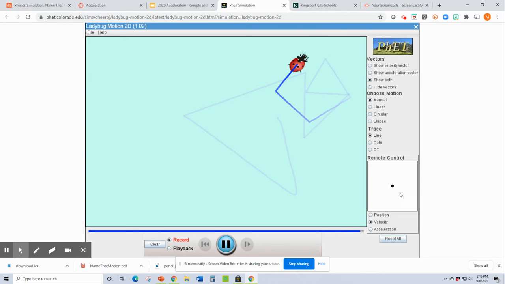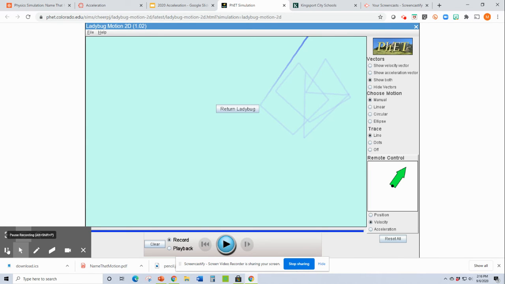Okay, the velocity tells me the speed and direction, and the acceleration vector gives me an idea of whether it's speeding up, slowing down, or changing direction. So you can just mess around with that. We're not going to have you do anything particular with it. We just were happy to show you that you've got a couple of different vectors going on there.